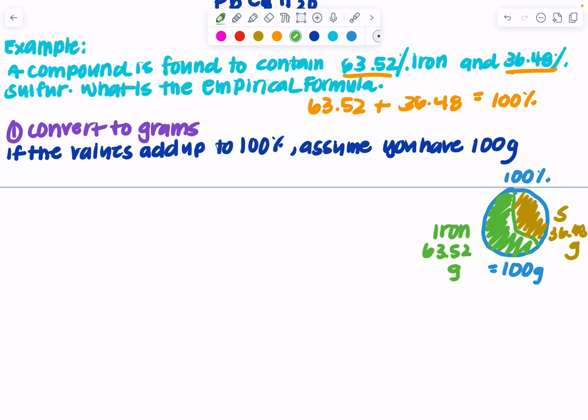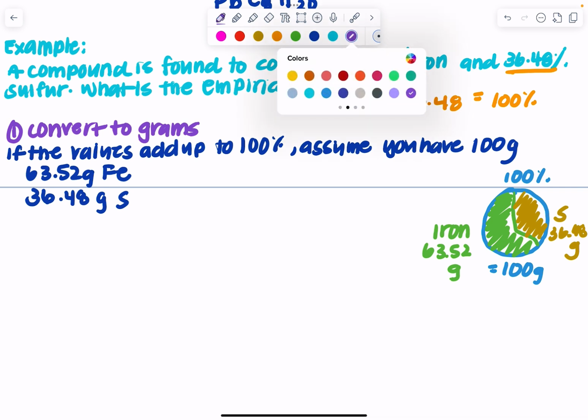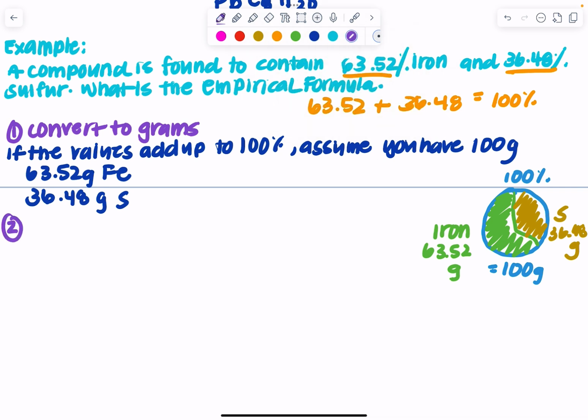So when we convert to grams, in this case, we have 63.52 grams of iron, and we have 36.48 grams of sulfur. Now we're going to convert to moles, and we know how to do this.